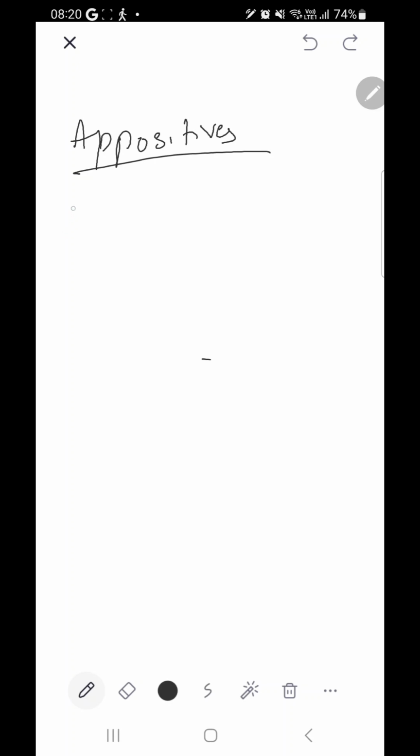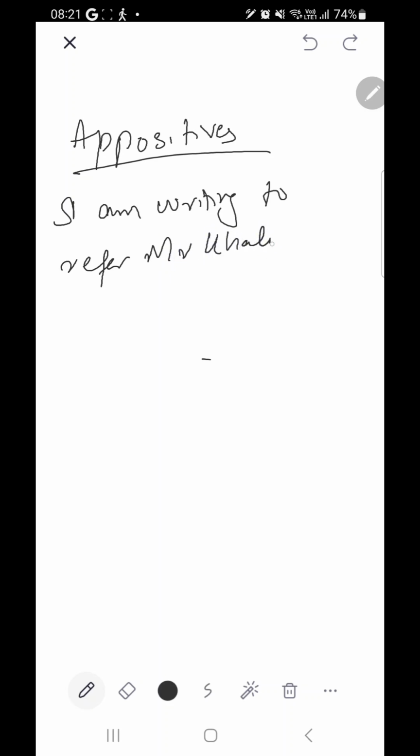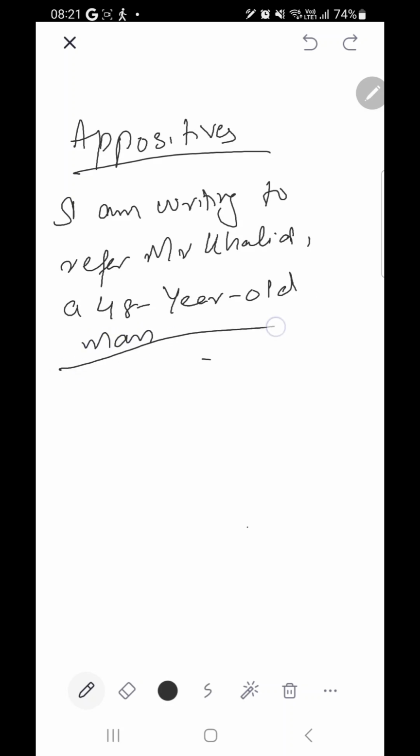For example, I'm writing to refer Mr. Khalid, comma, a 48-year-old man. So this is an appositive noun, or I am Khalid, an accountant. This is an appositive noun. We can use them in a sentence.